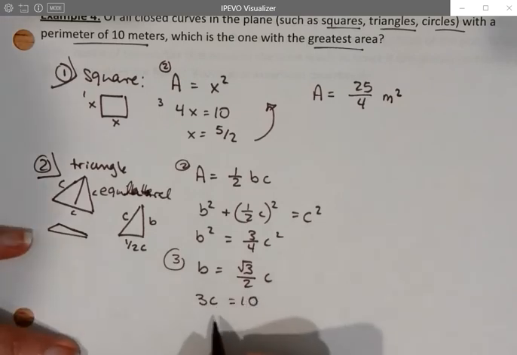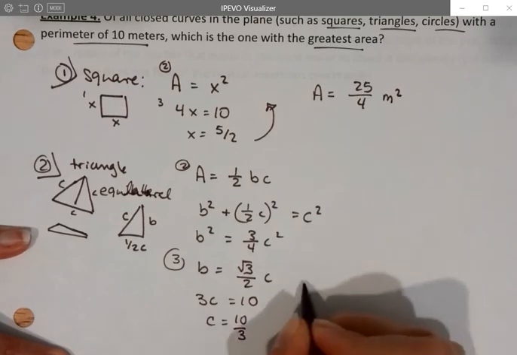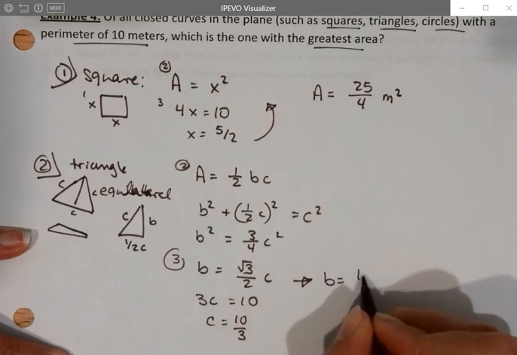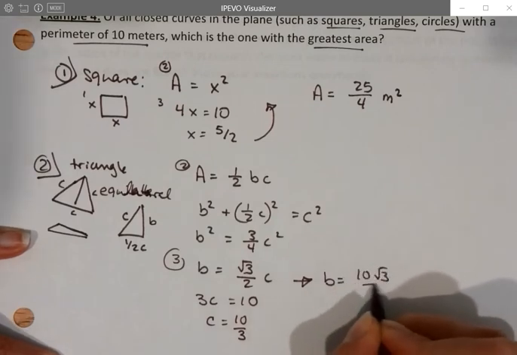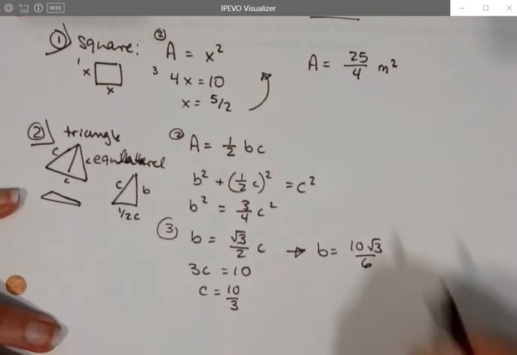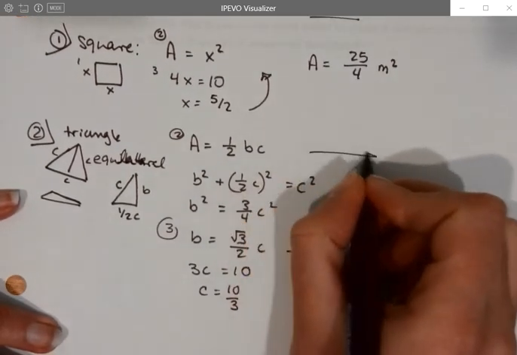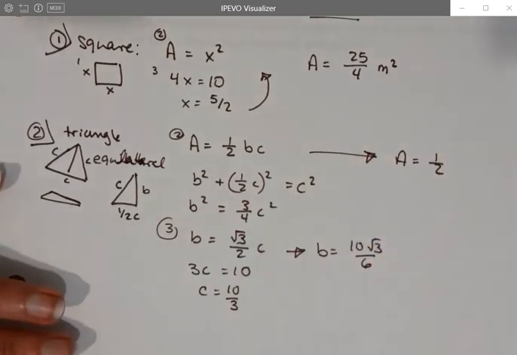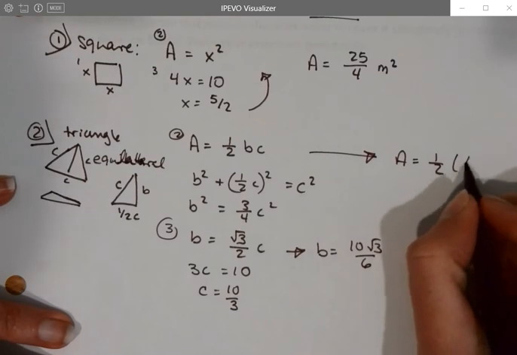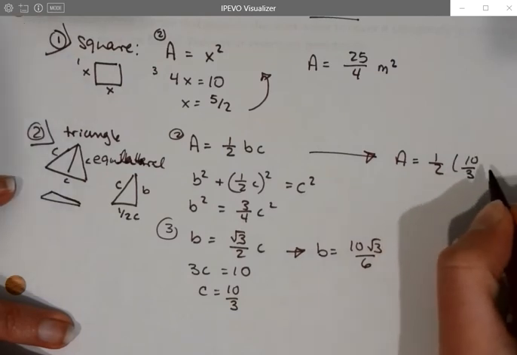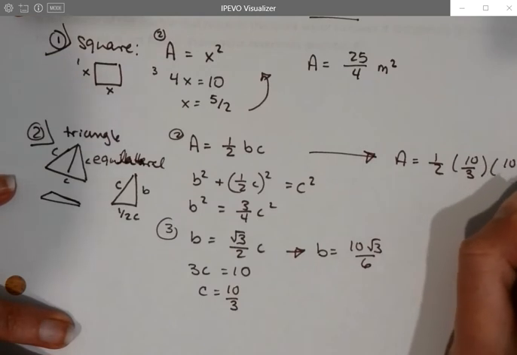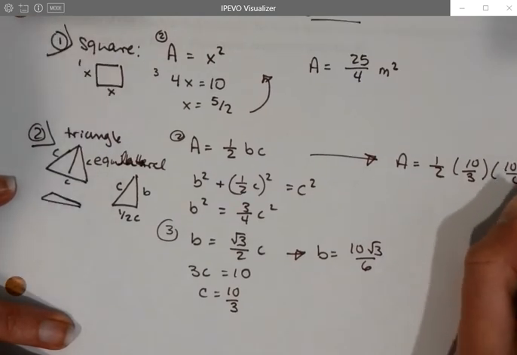And so I actually know values for B and for C. C is 10/3, and that means that B is 10 square root of 3 over 6. So the area of this triangle is 1/2 times 10/3 times 10 square root of 3 over 6.